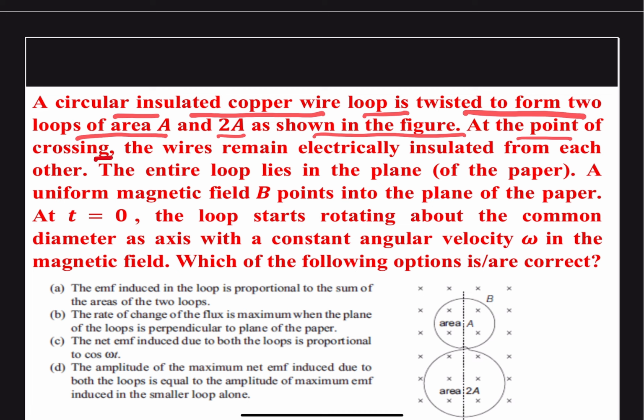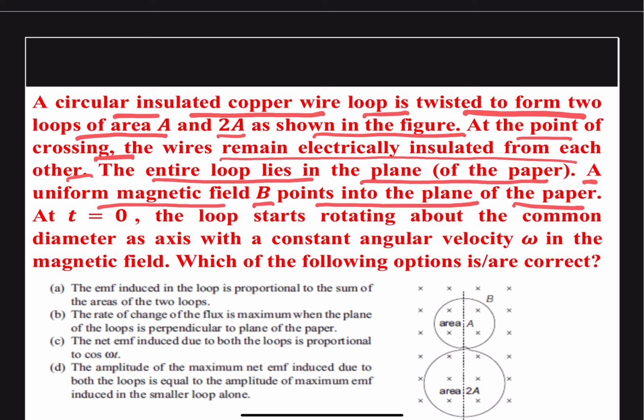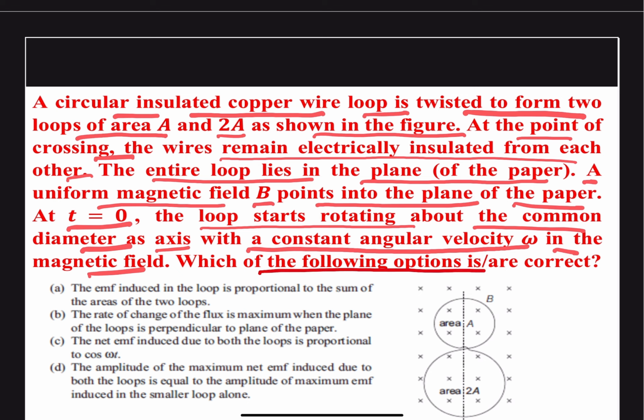At the point of crossing, the wires remain electrically insulated from each other. The entire loop lies in the plane of the paper. A uniform magnetic field B points into the plane of paper. At t is equal to 0, the loop starts rotating about the common diameter as its axis with a constant angular velocity omega in the magnetic field. Which of the following options is or are correct?